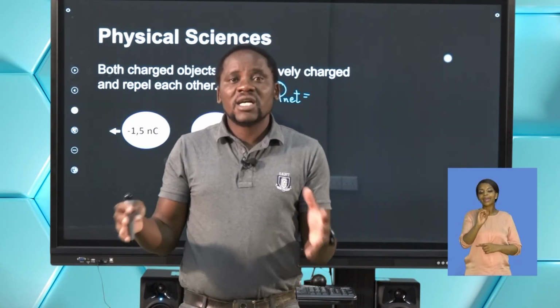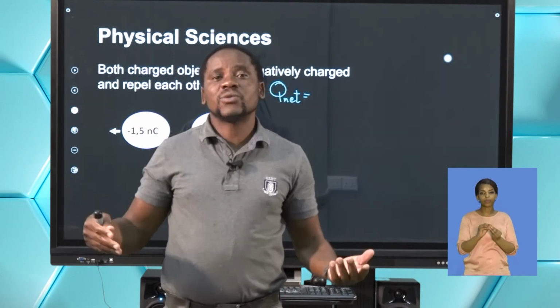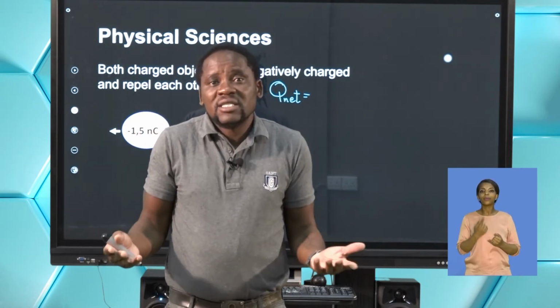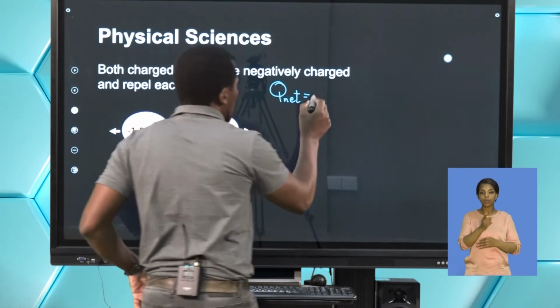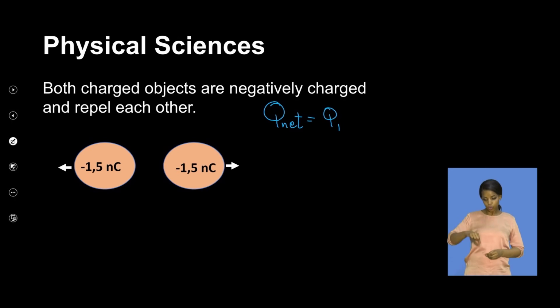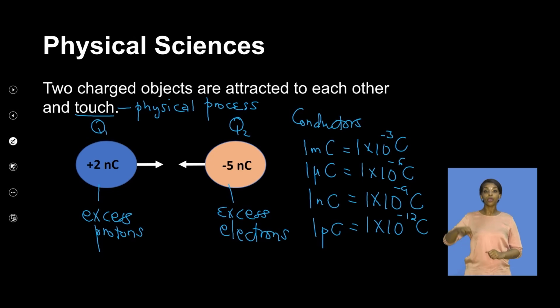Now, the net charge is the total. The word total, in other words, we would say net or resultant. In this case, we're talking about the total charge, which is Q1 plus Q2. If we go back quickly to verify, Q1 is positive 2 nanocoulombs, and the other one is negative 5 nanocoulombs.